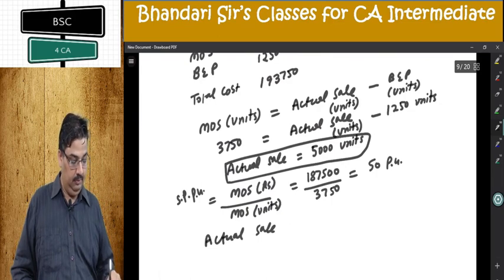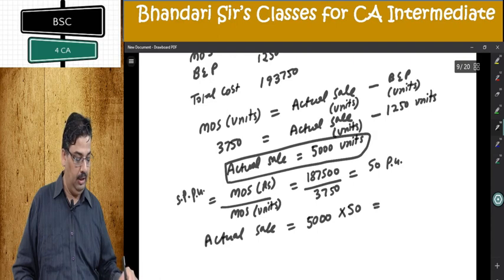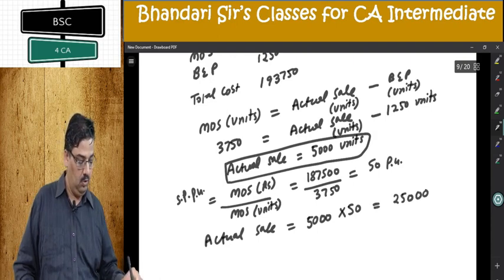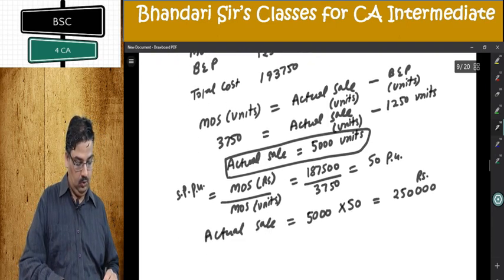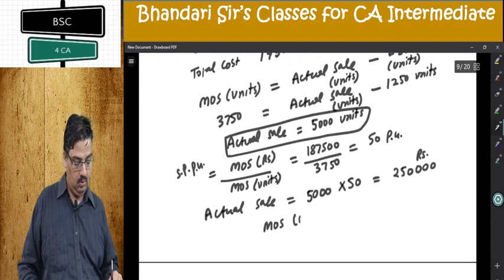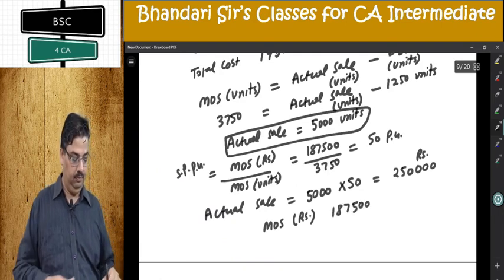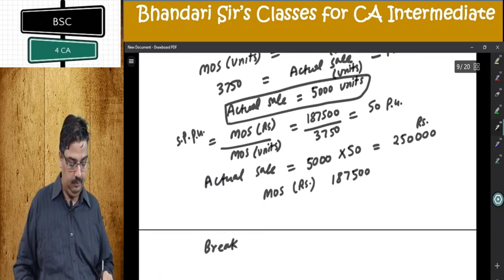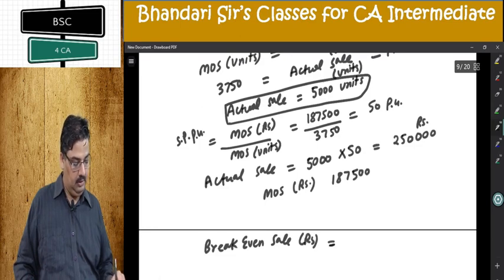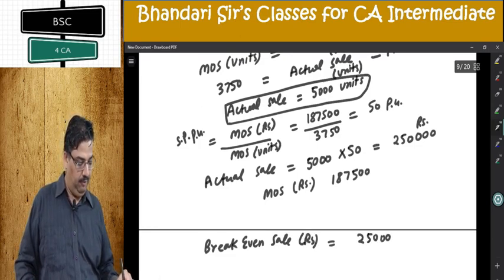Actual sale: 5,000 into 50, rupees 2,50,000. MOS 187,500. From there I can get break-even sale in rupees: 2,50,000 minus 187,500.